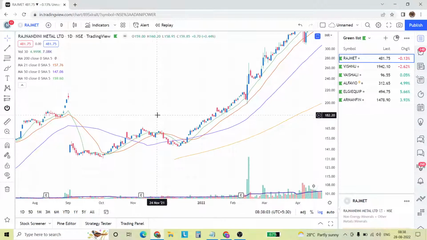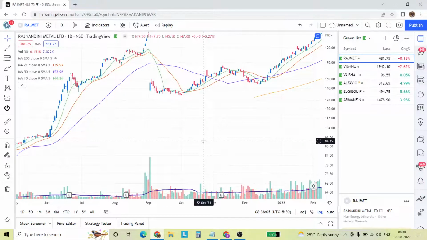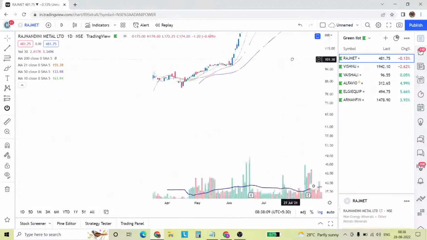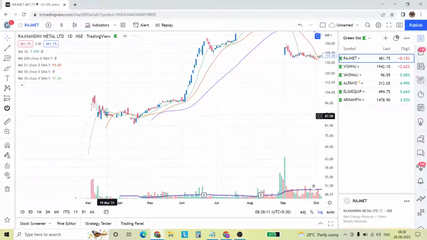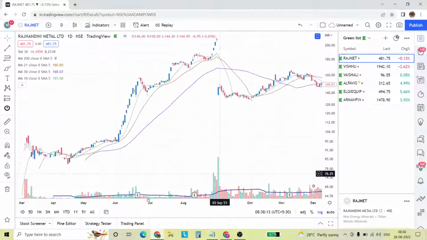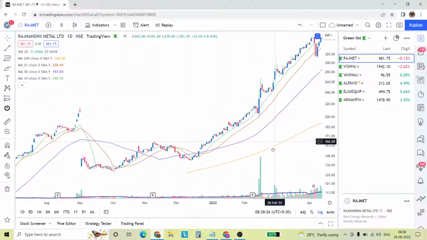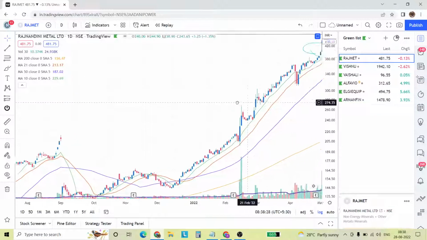If you see here, the moving average has not started because it was an IPO back then. Probably it would have been flat here. Notice that the stock is in stage 1, sideways consolidation, and then it breaks out of stage 1 and enters stage 2.